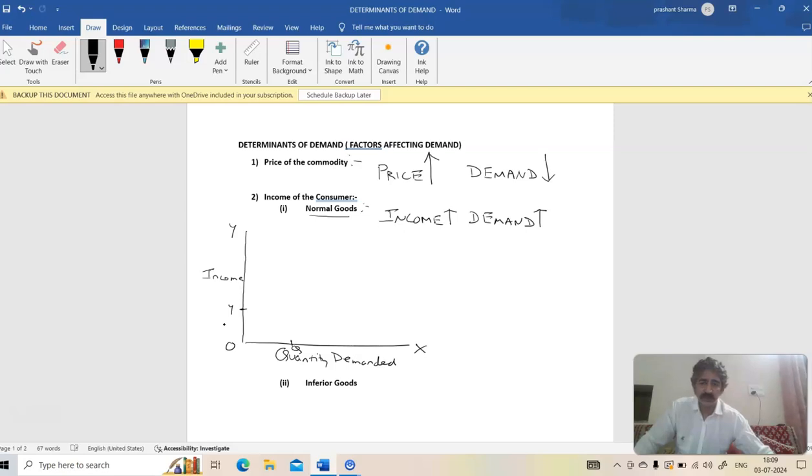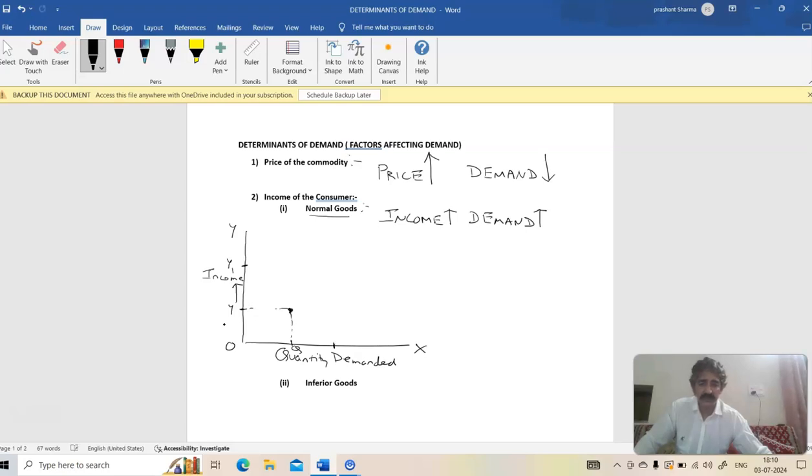So where do we plot the point on the graph? Somewhere over here. With the ruler we'll do over here. Now what happens? As the income of the consumer rises, you can see I pointed one upward pointing arrow. Suppose the new income is now y1. At y1 the consumer is going to buy more of these normal goods.